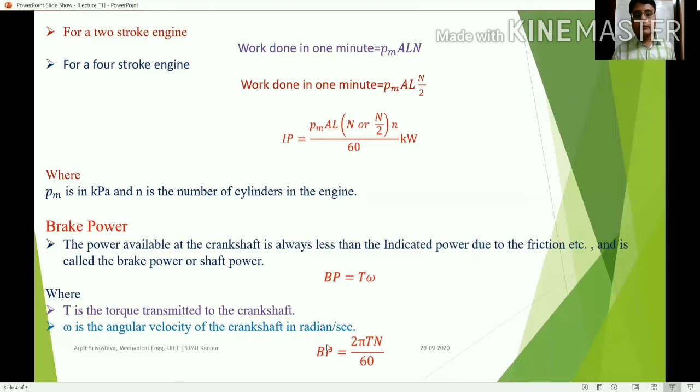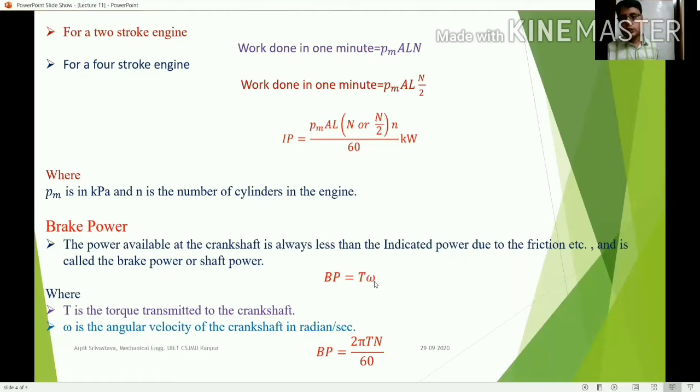So suppose you have the crankshaft rotation n in rotation per minute, then in which manner will you be able to calculate brake power? In that case, you use this expression: brake power equals 2 pi Tn by 60, because, as we know, omega equals 2 pi n by 60.